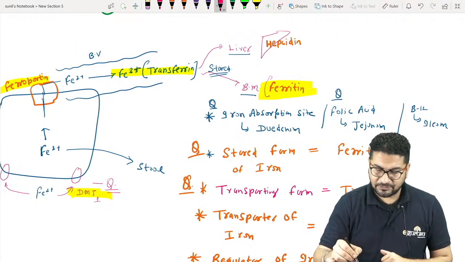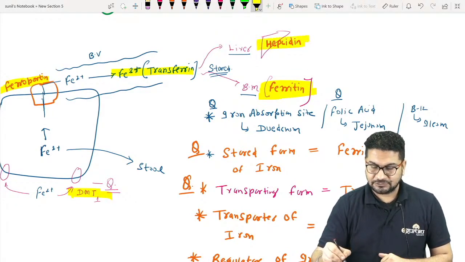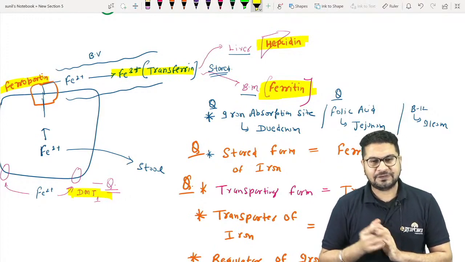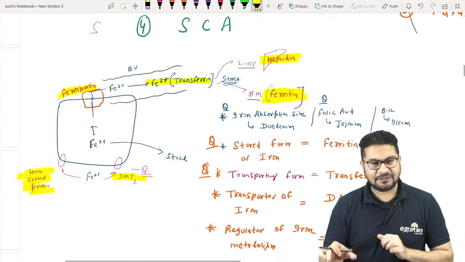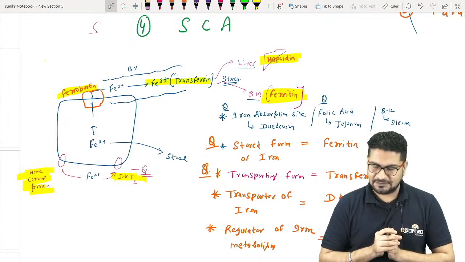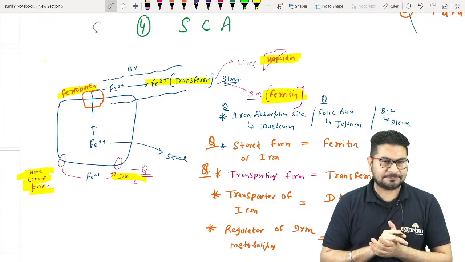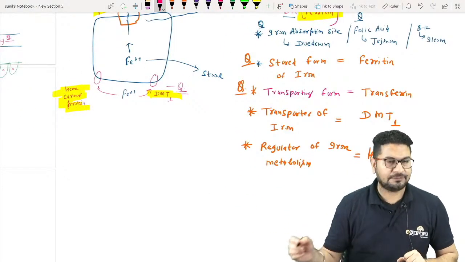We have a key regulator. That key regulator is hepcidin. If you notice carefully, this iron is always with someone. It is like a dependent girl who is dependent on some person. So iron is always dependent on someone. We never leave iron alone. Why?